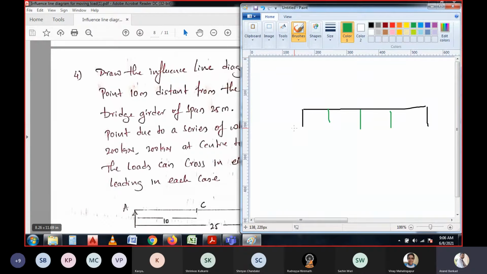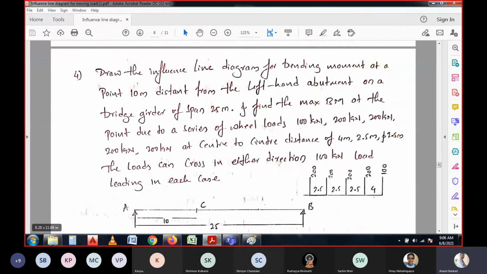So the abutment they said means this is the abutment, and that part of the bridge needs to be considered in the question. Draw the influence line diagram for bending moment at a point 10 meter distance from the left hand abutment on a bridge girder of span 25 meters.